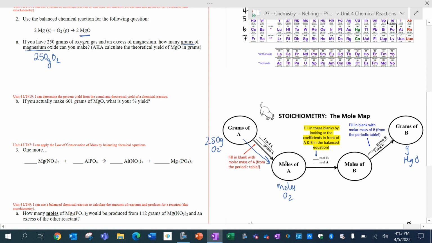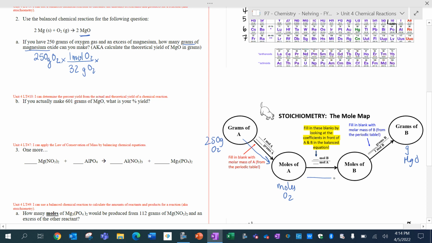And the molar mass we find on the periodic table. So I'm going to look on the periodic table, and it tells me that each oxygen atom is 16. So if I have 2 oxygen atoms, that's O2, it's going to weigh 32 grams. So I'm going to use my molar mass of oxygen to convert grams into moles.